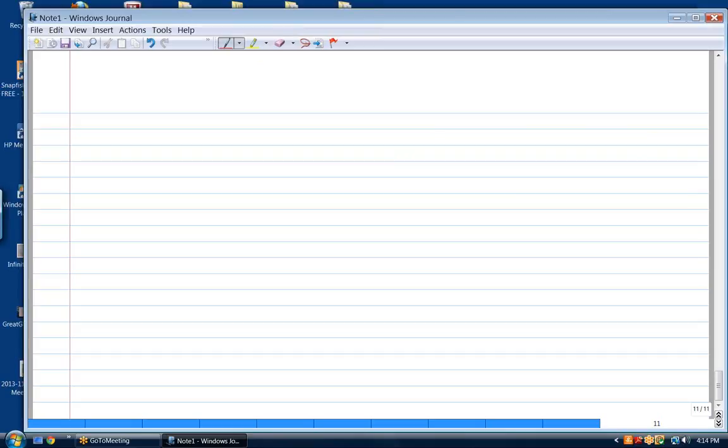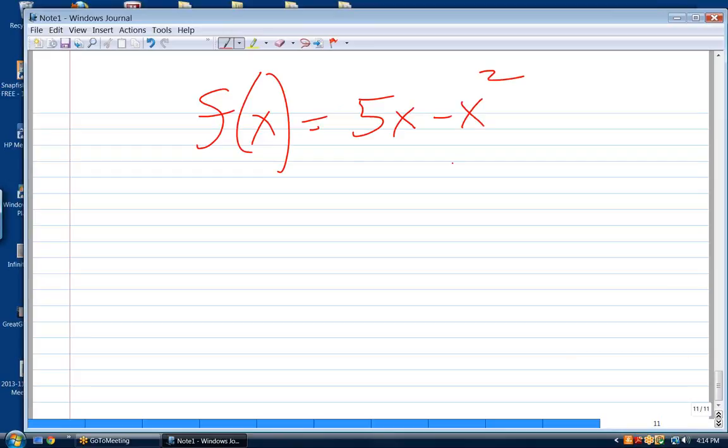It says find the difference quotient and simplify your answer. It's f of x equals 5x minus x squared. And then there's a separate expression that is f of 5 plus h in parentheses.